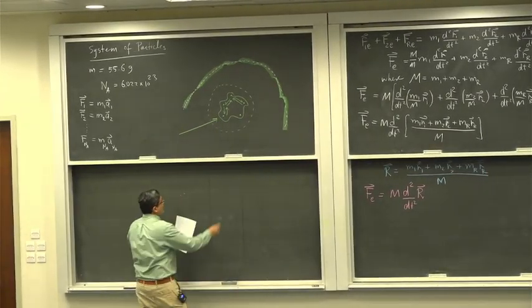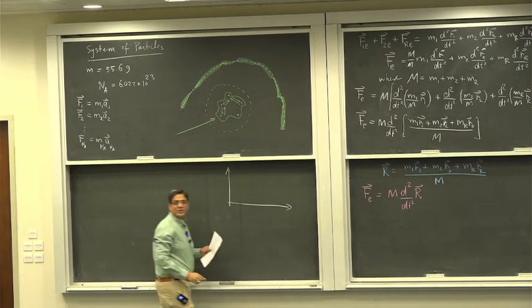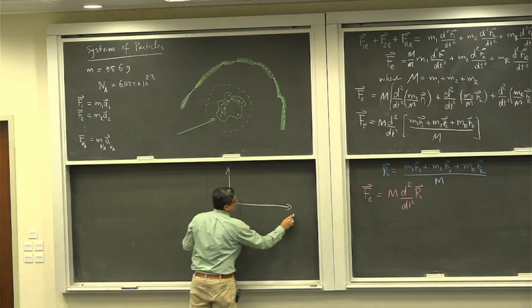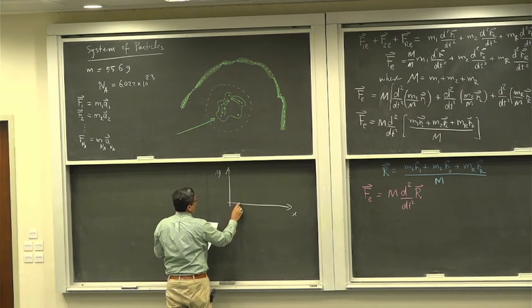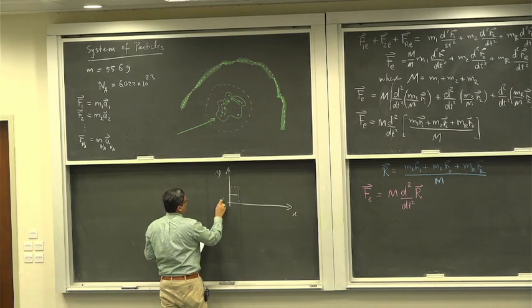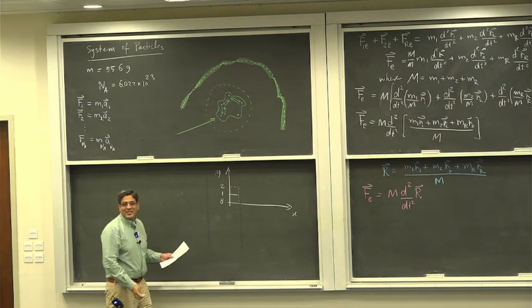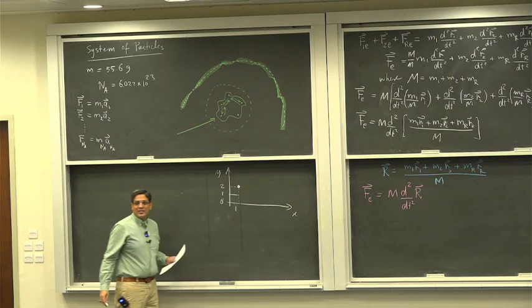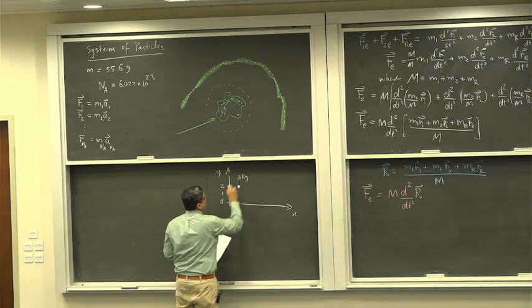Okay, so let's say that in a coordinate system, x and y, you have an object sitting, 2 units along the y-axis and 1 unit along the x-axis, and its mass is 3 kilograms.